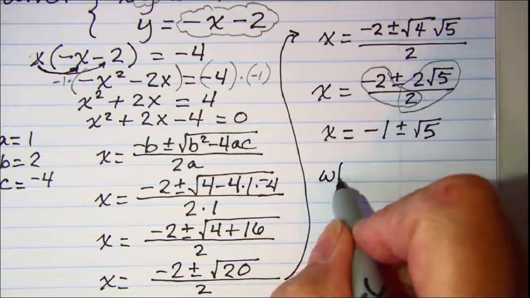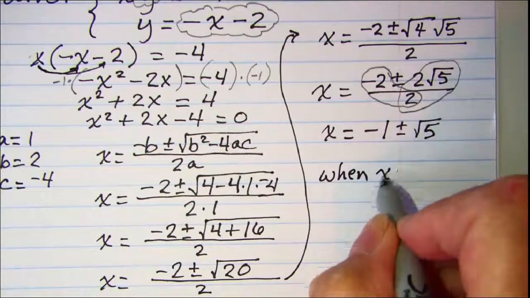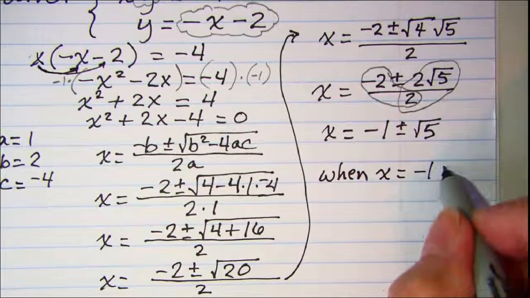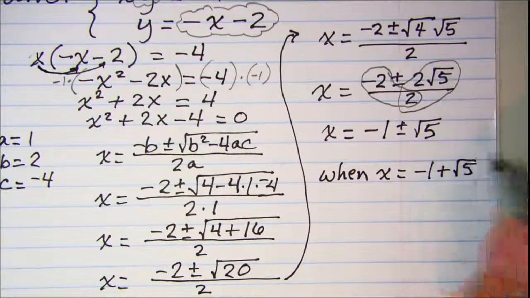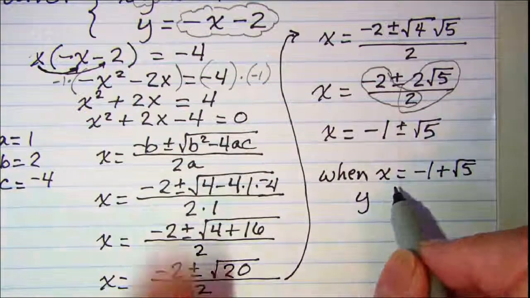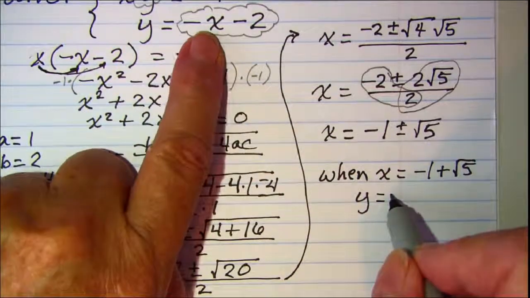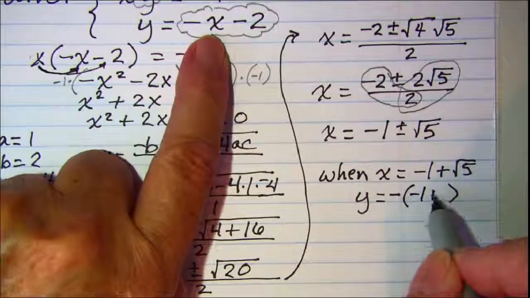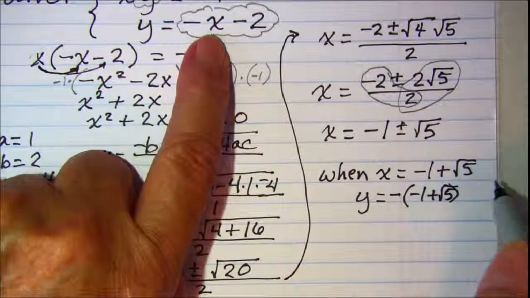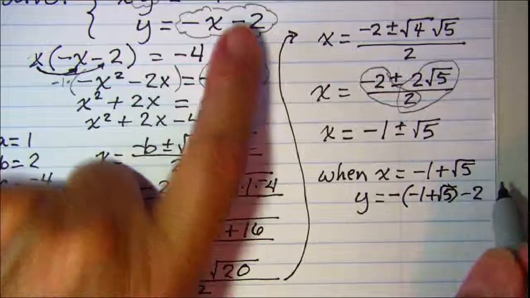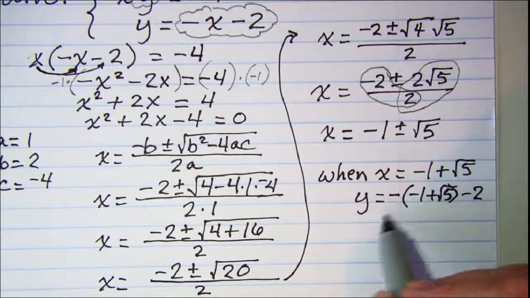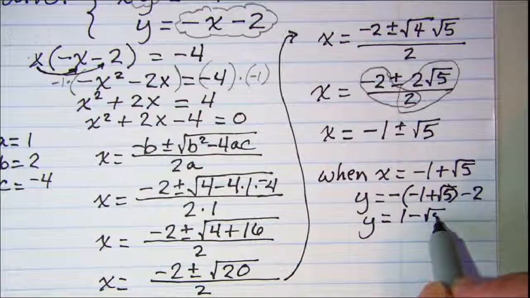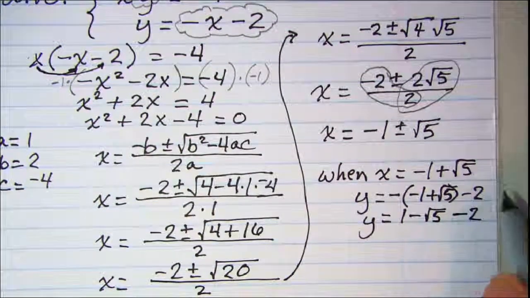So when x equals, let's do the positive one first, -1 plus root 5, then y will equal a negative, x value is -1 plus root 5, minus 2. So distributing our negative here, y is equal to 1 minus root 5 minus 2.